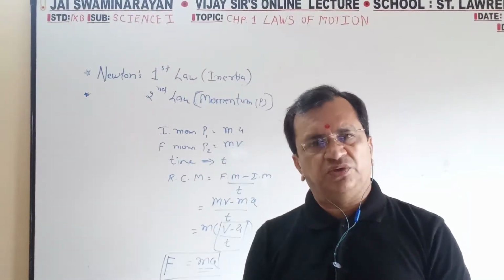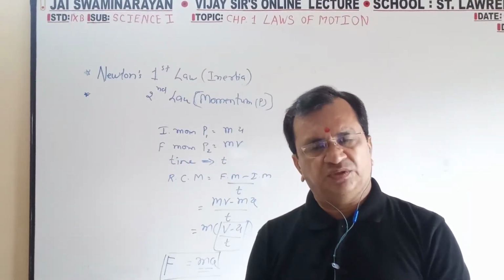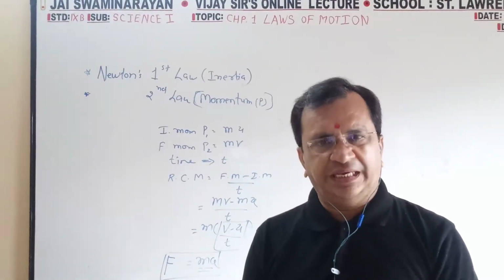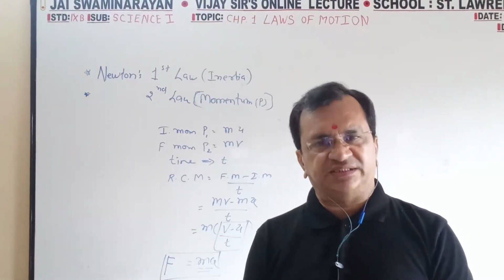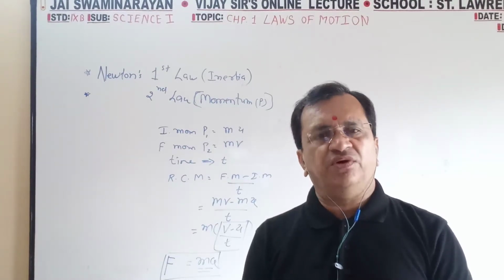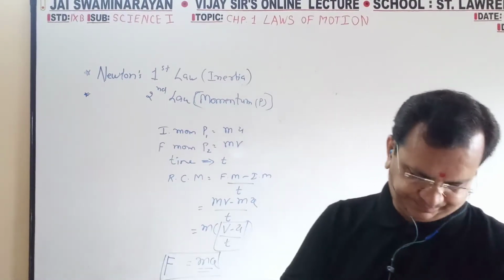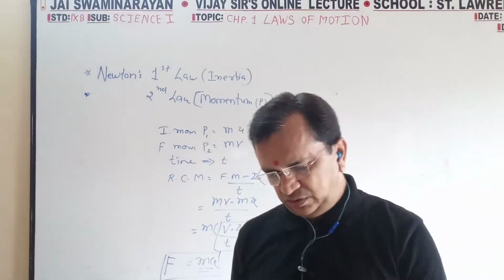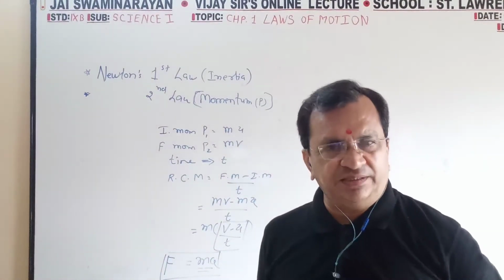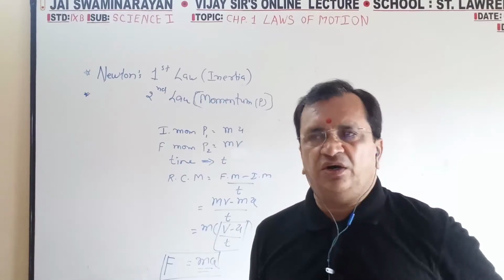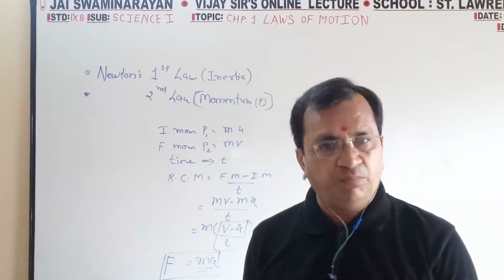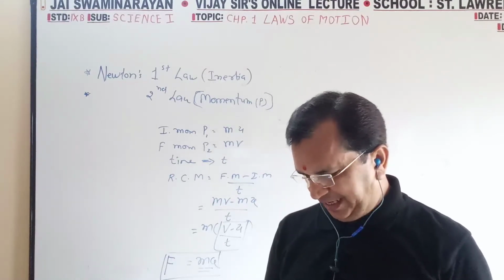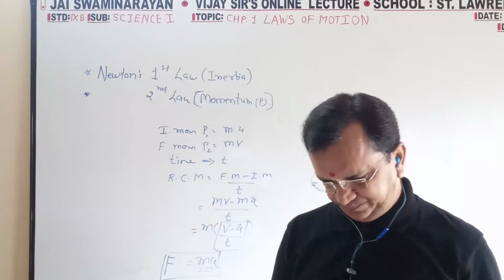So F is equal to ma. F stands for force, a stands for acceleration, m stands for mass. So the first law depends on inertia, the second law depends on momentum, and the third law is action and reaction.